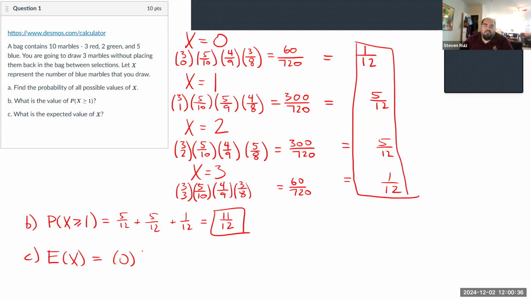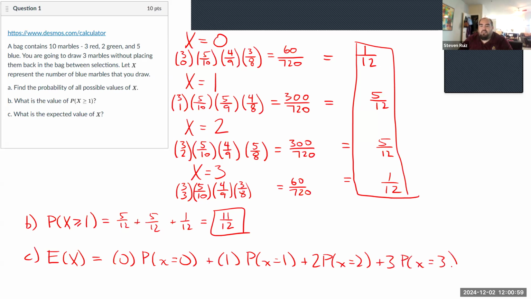So 0 times the probability that x equals 0 plus 1 times the probability that x equals 1 plus 2 times the probability that x equals 2 plus 3 times the probability that x equals 3. So 0 times 1/12 plus 1 times 5/12 plus 2 times 5/12 plus 3 times 1/12.